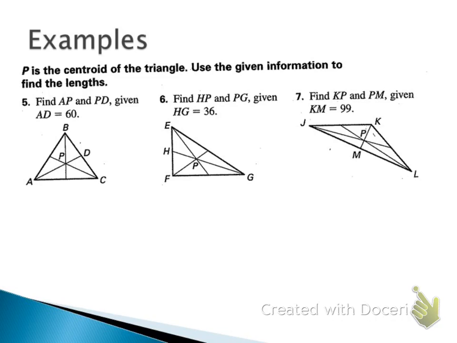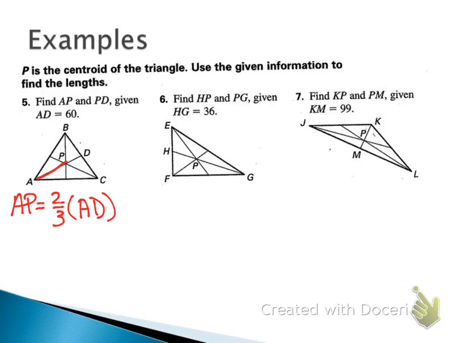All right, on number 5, we are asked to find the length of AP, just from a vertex to the centroid. We are told that AD has a length of 60. So to find the length of AP, we are going to take 2/3 times the length of the whole median, which is AD.